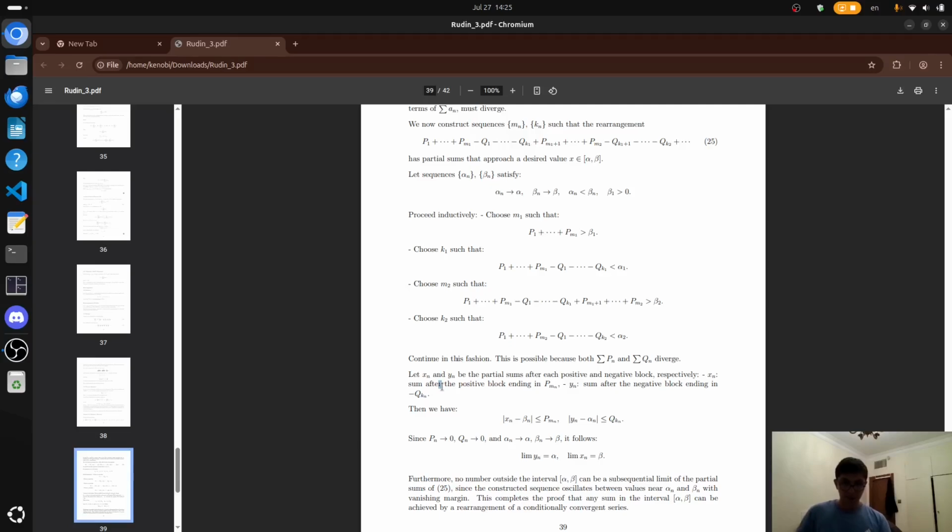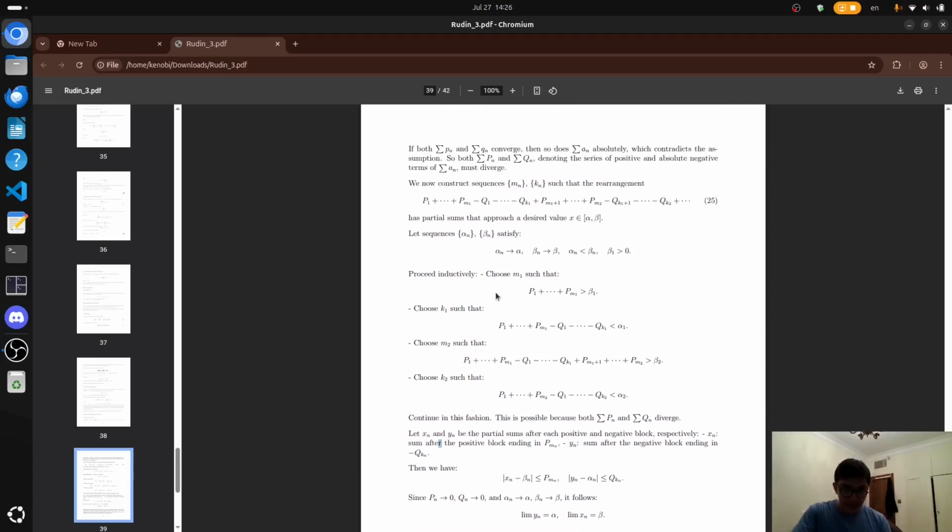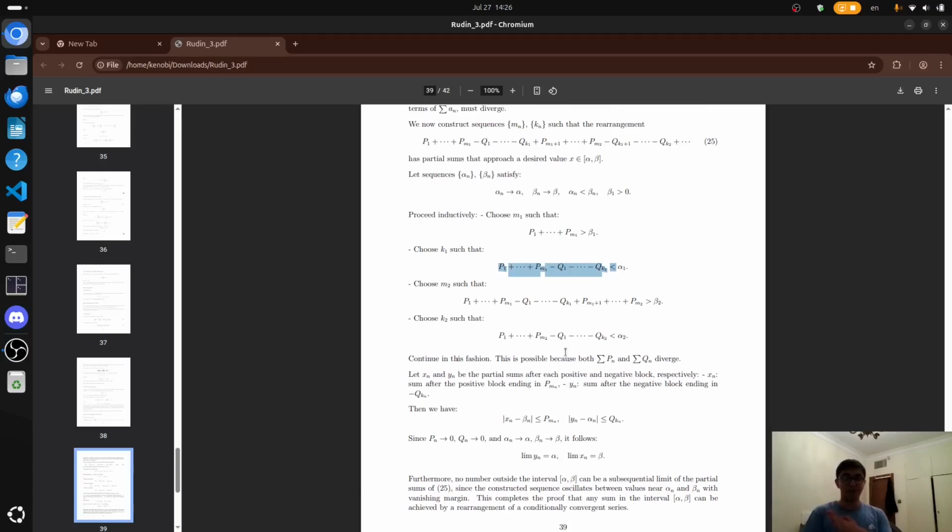Okay, so here m1 is the smallest number that satisfies this, and k1 is the smallest number that satisfies this, and etc., etc. So we're taking the smallest possible values that satisfy these.